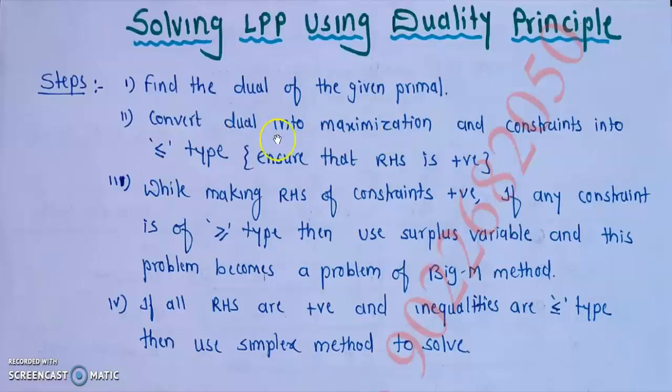After converting to maximization and constraints of less than or equal to type, ensure that the RHS are positive. While making the RHS of the constraints positive, if any constraint is of greater than or equal to type, use a surplus variable. And we know when we use a surplus variable, we use the big M method.